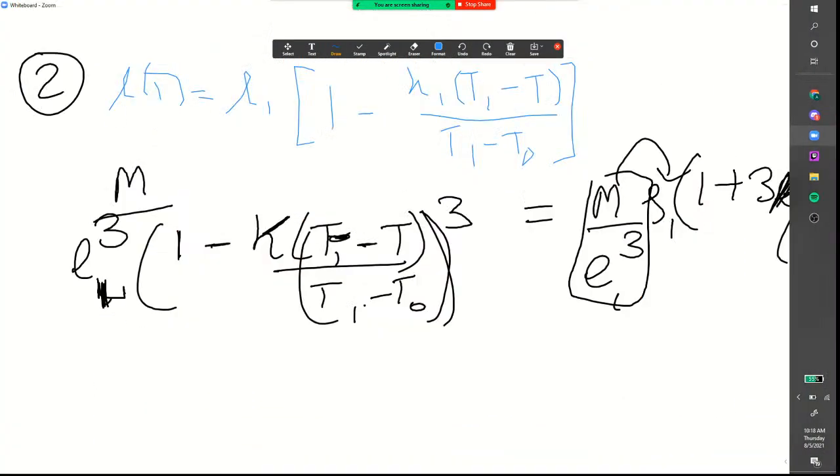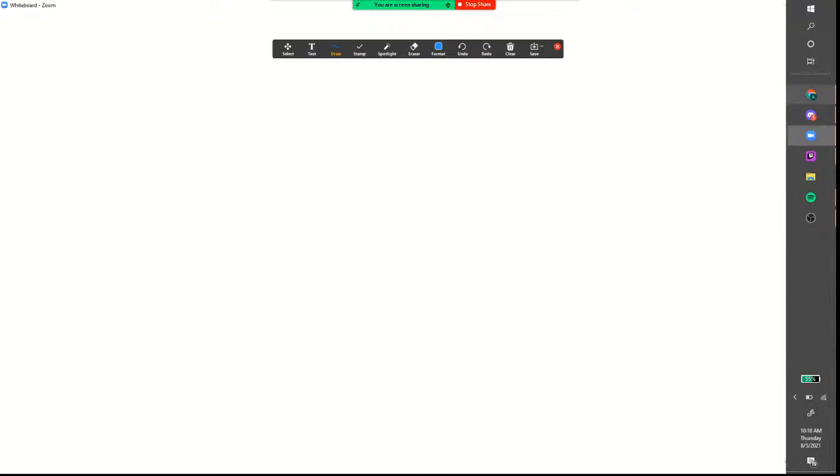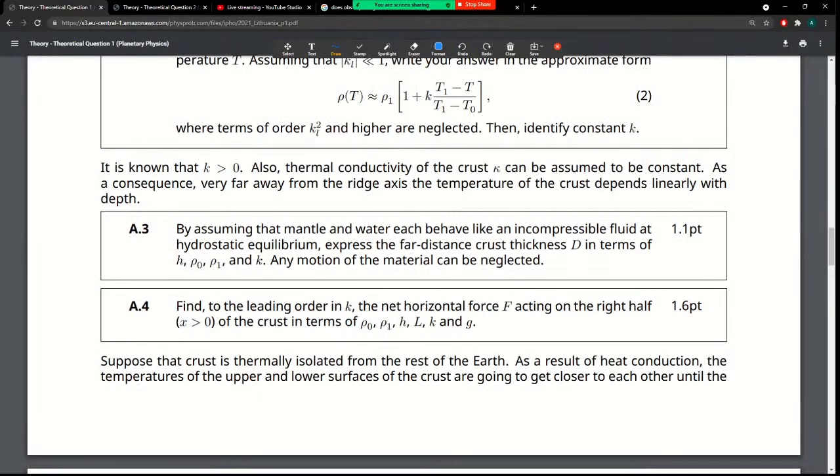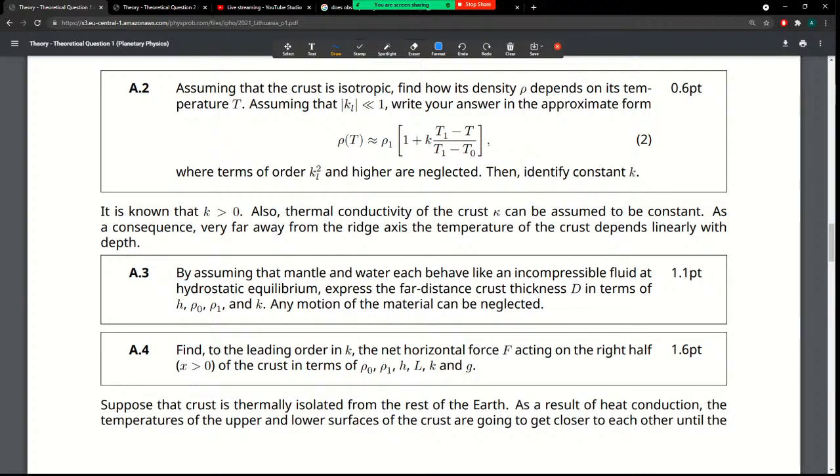Okay, let's do A3 then. It is known that K is almost greater than 0. Also, the thermal conductivity of the crust, kappa, can be assumed to be constant. As a consequence, very far away from the ridge axis, the temperature of the crust depends linearly on the depth.